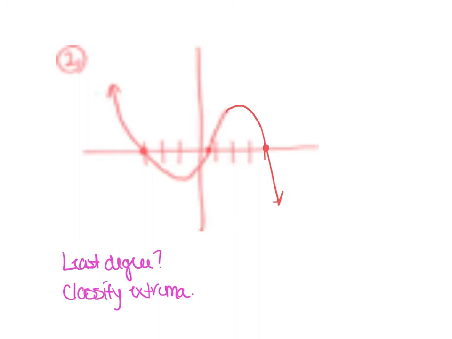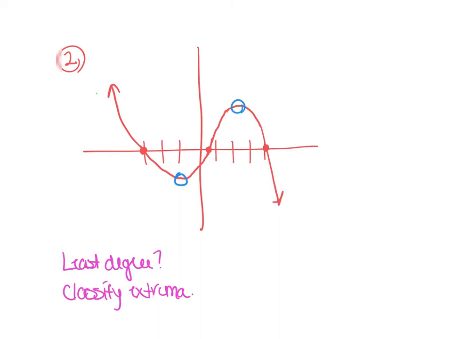So when you're asked, what is the least degree, what you want to ask yourself is, how many turning points? How many extrema, okay? So that's what you want to look for. How many peaks and valleys? So notice here, you have 2 extrema. You have 1 valley and 1 peak, right?